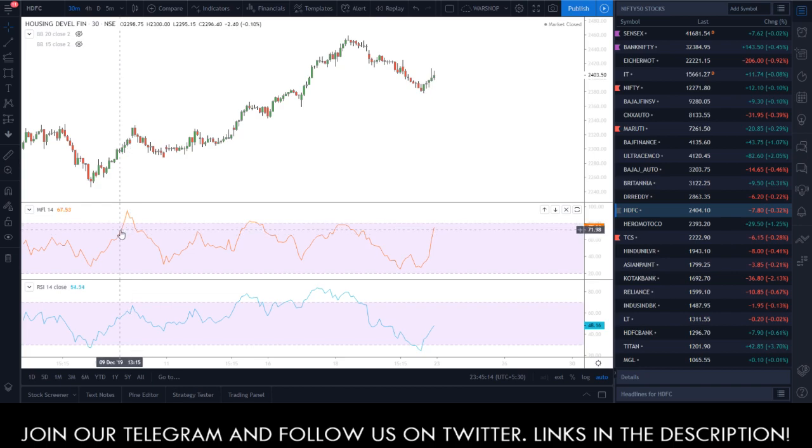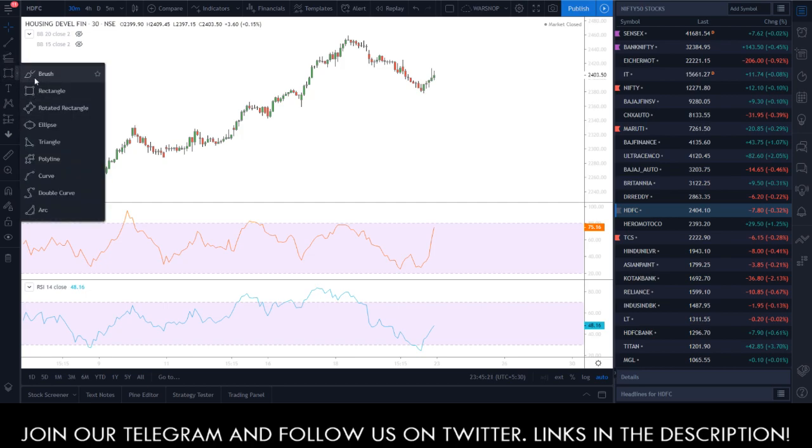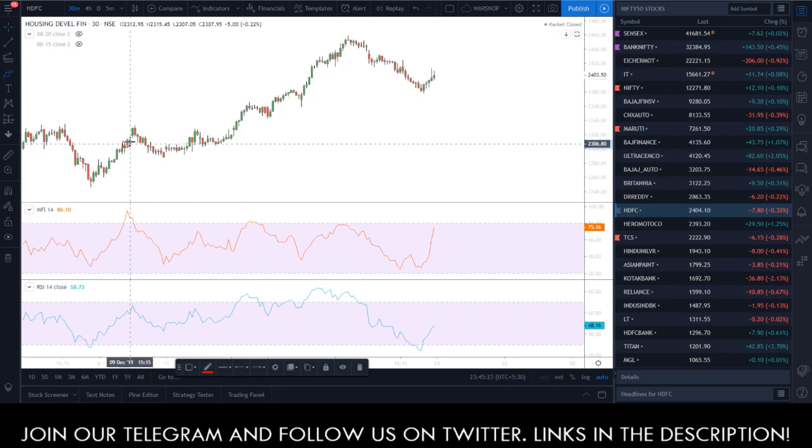Here you can see simply that MFI topped out, I'll say at this candle right here. MFI is at its peak, right? Now MFI starts declining. That means that the volume which came in has started getting out.